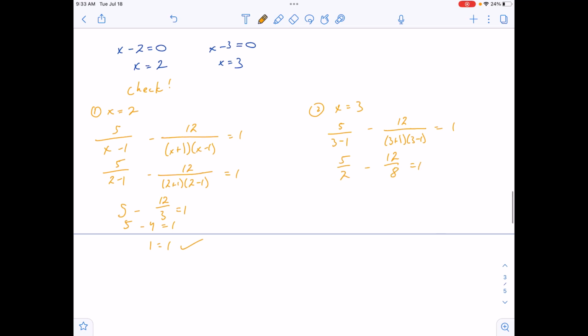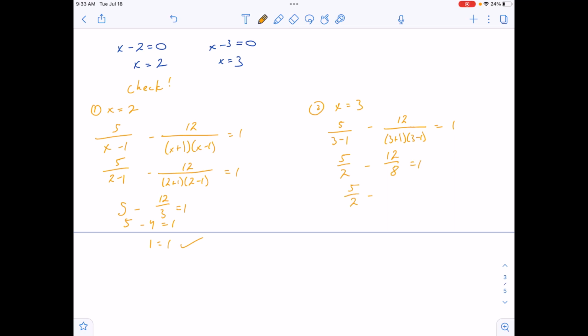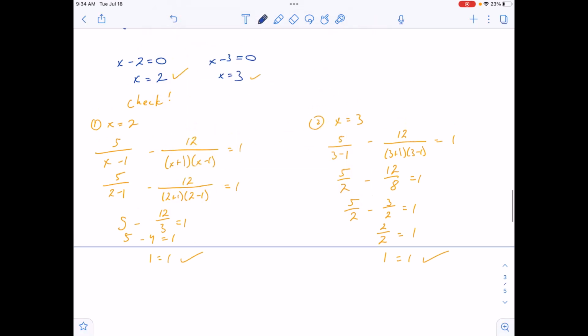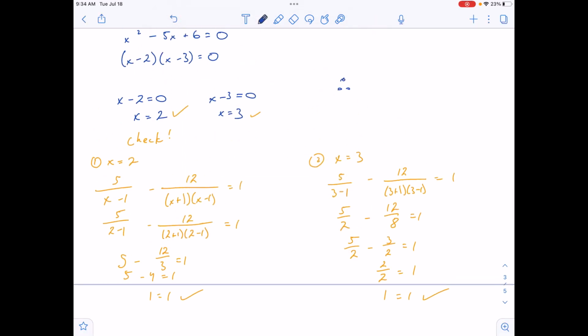I'll reduce my second term there by dividing everything by 4, so I'll get 3 over 2. 5 over 2 minus 3 over 2 is 2 over 2, and 2 divided by 2 is 1. 1 equals 1. Both of our answers are good, so I will write a therefore statement up top here. Therefore, x is equal to either 2 or 3.